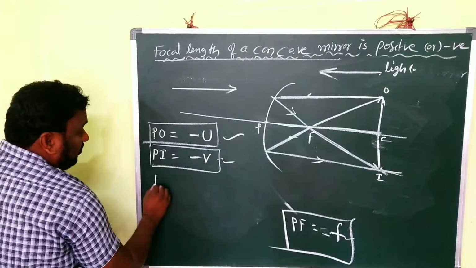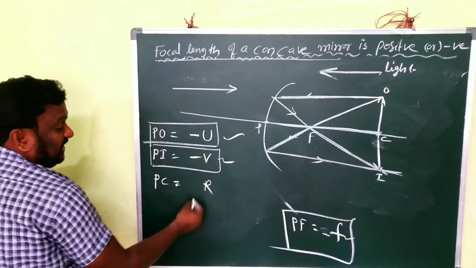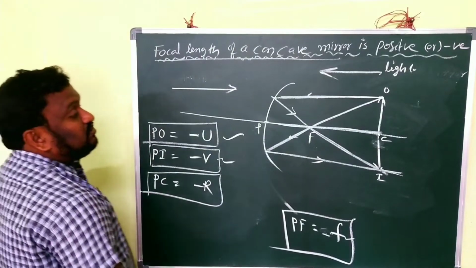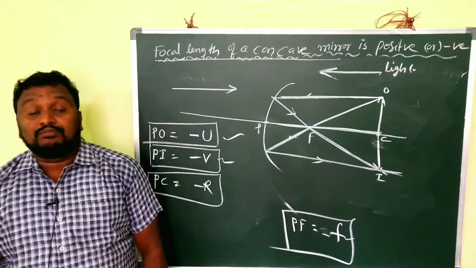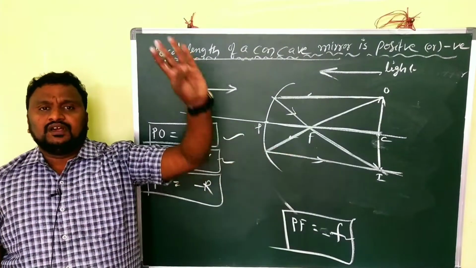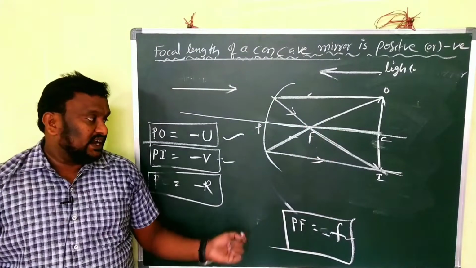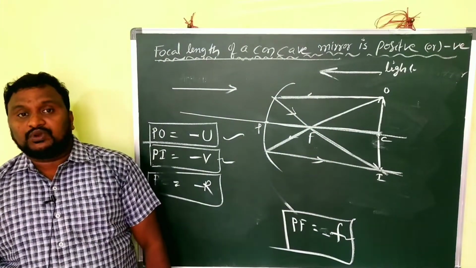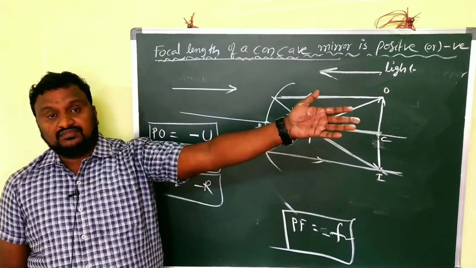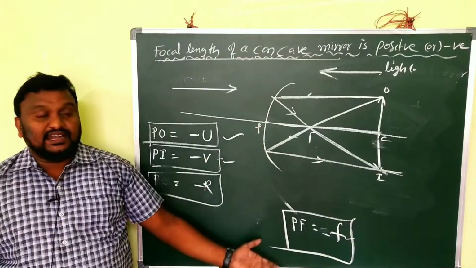So here, PC is the radius of curvature, and it is also negative. For a concave mirror, all quantities are negative: object distance negative, image distance negative, focal length negative, and radius of curvature also negative, because all the values are taken in the opposite direction of the incident light.